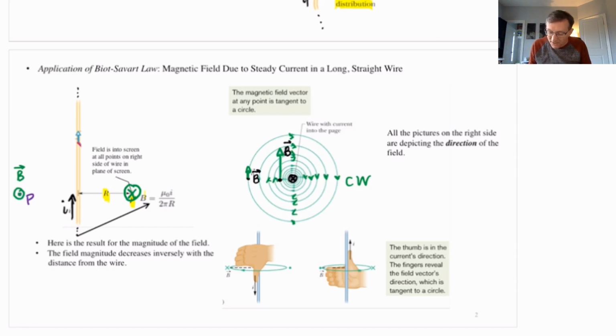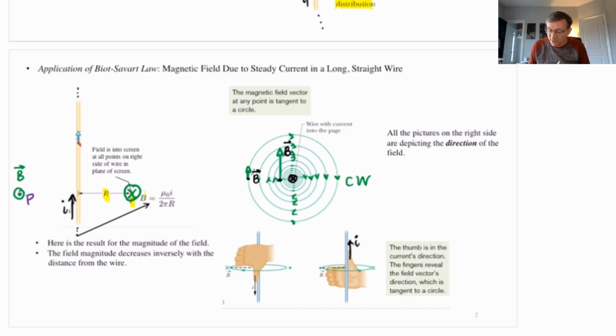Then they show you a side view below of the long straight wire. The picture on the right shows the case where the current's going upward in the plane of the screen, and the picture on the left shows the case where the current goes downward. So these are side views, and they show you this special right-hand rule.